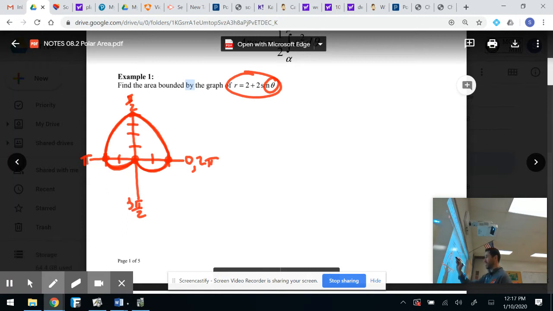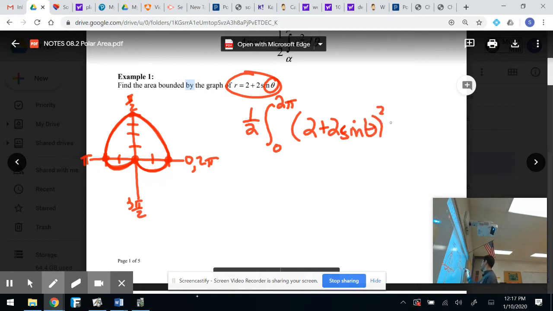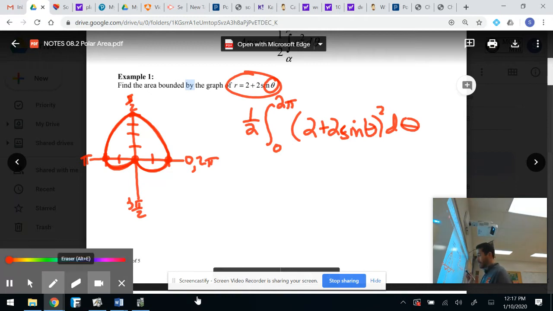One way, so it's like shading that whole thing in. Okay, I'm going to do 1/2. That's the formula. The integral from 0 to 2 pi. Now, if I go from 0 to 2 pi of my polar curve squared d theta, that's all I have to do. What it is, and I want you to understand this, let's go ahead and do blue here, okay?